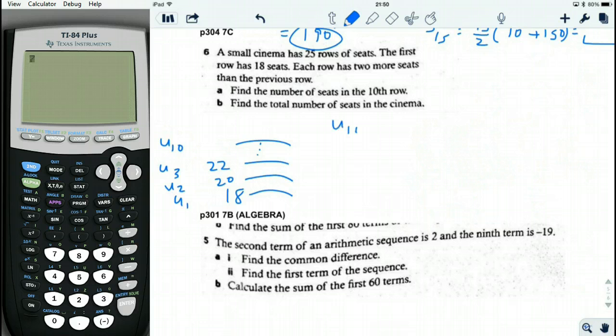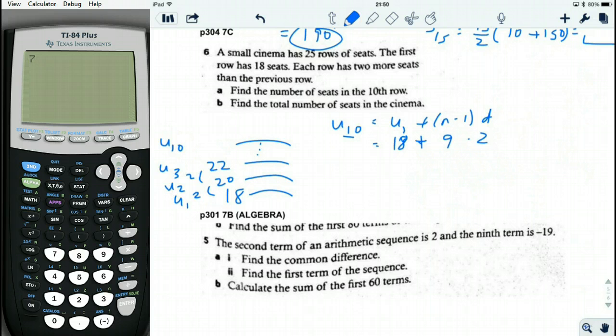So the 10th row is equal to the first row plus n minus 1 times d. N minus 1 is 10 minus 1, is 9. D is, you can see the difference between each of these is 2, right? So the difference is 2. And U1 is the first row, which is 18. Okay, so it would be 18 plus 9 times 2.